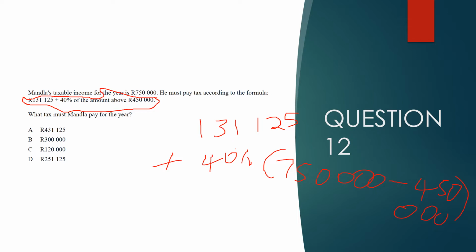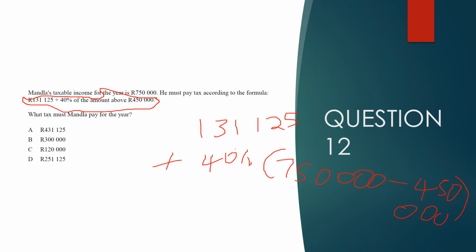So this is what you are going to do. Firstly, find the difference between 750,000, which is Mandla's annual salary, and 450,000, which is what we are required to use from our tax table.